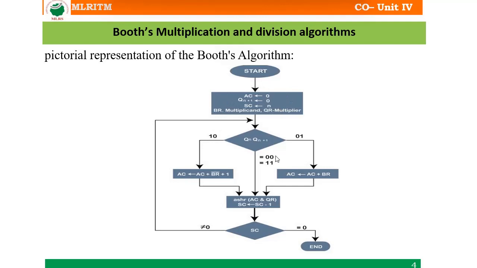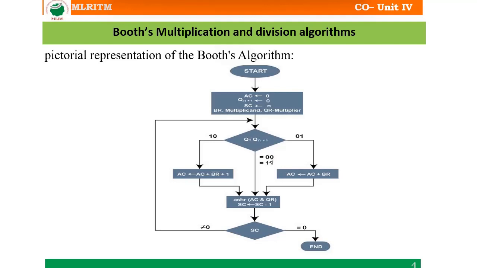After initialization, we compare the values of Qn and Qn plus 1. Initially Qn plus 1 is 0, and the least significant bit of Q, Qn, and Qn plus 1 will be compared. Here we get 4 possible cases.